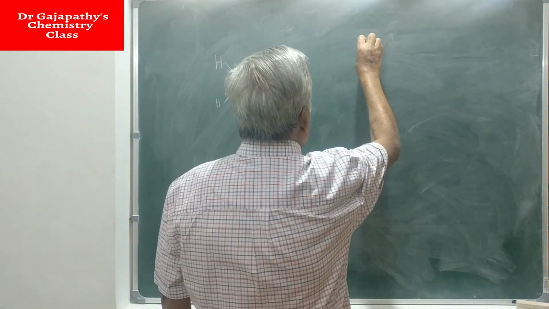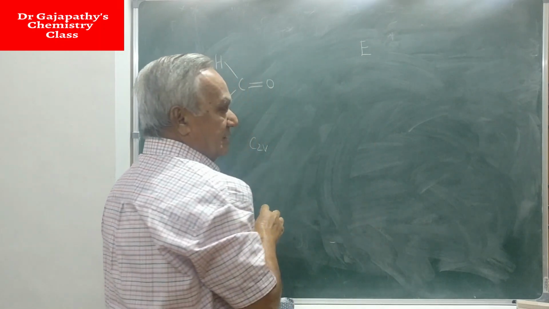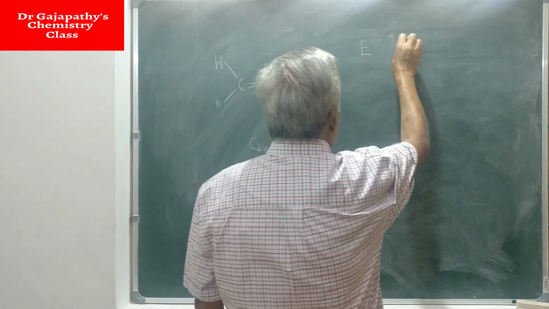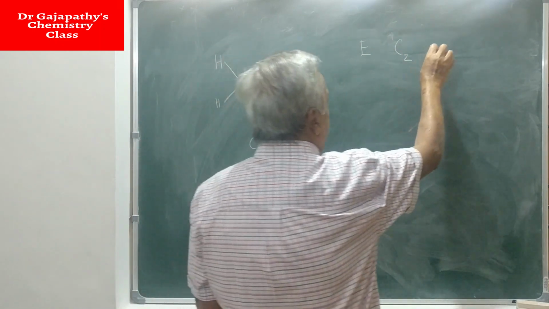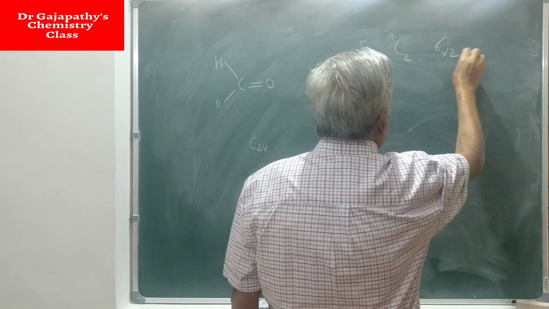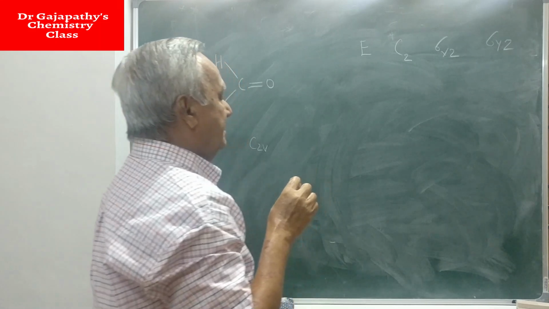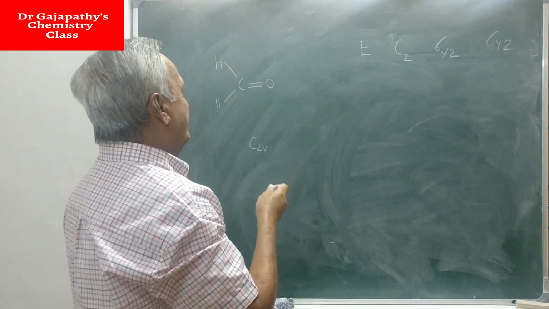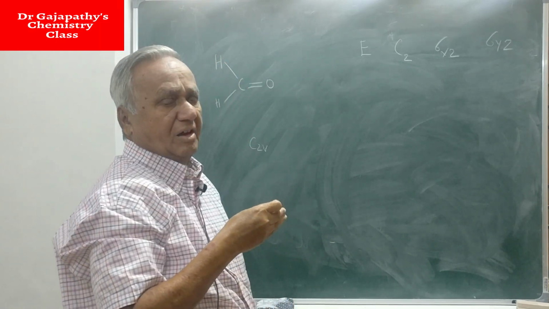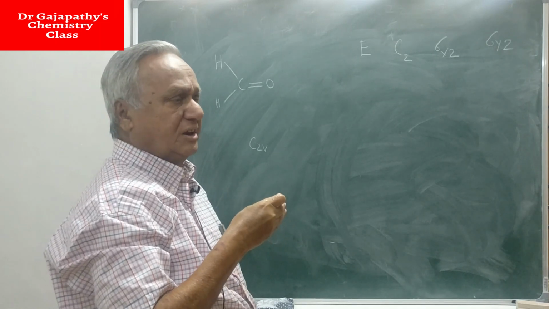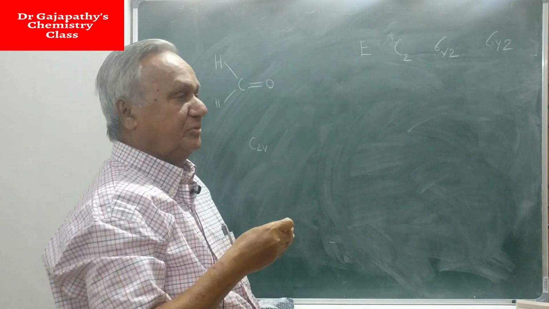An identity operation is there, a C2 operation is there, a sigma xz and a sigma yz. These are the 4 operations. So I am going to perform these operations on the orbital which is in question and find out what is the symmetry of this orbital.